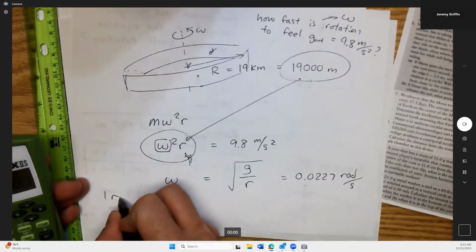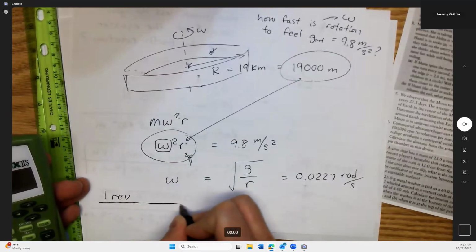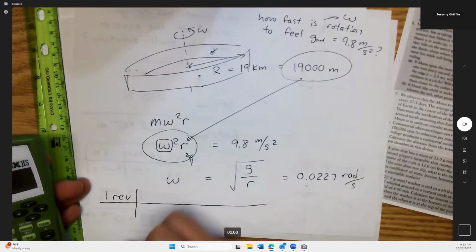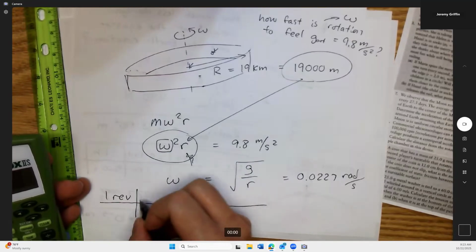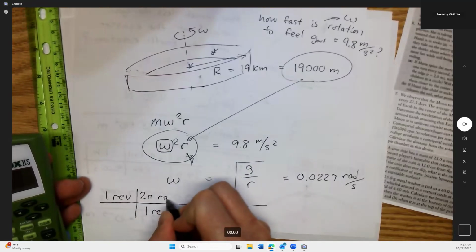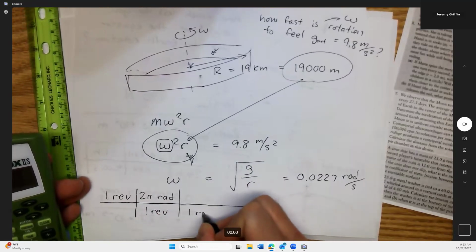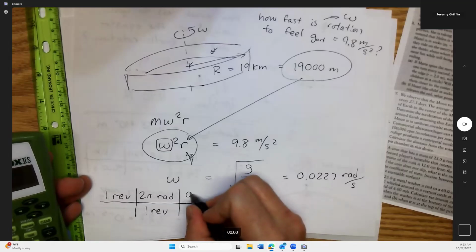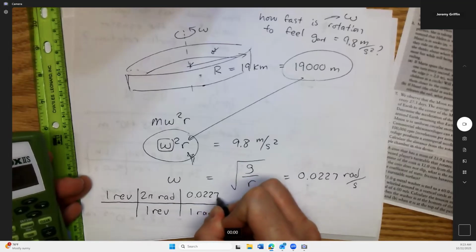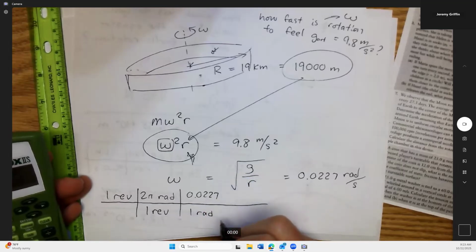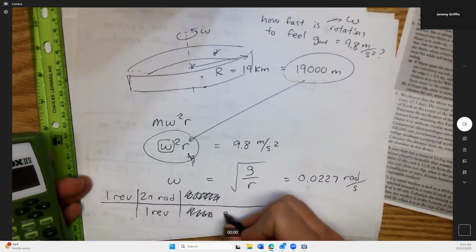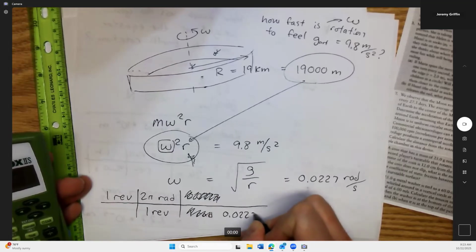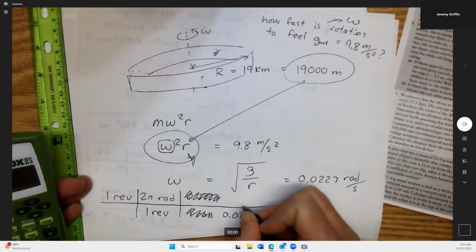One revolution is how many radians again? 2 pi. And every 1 radian, sorry, that's wrong. It is 0.0227 radians every 1 second.